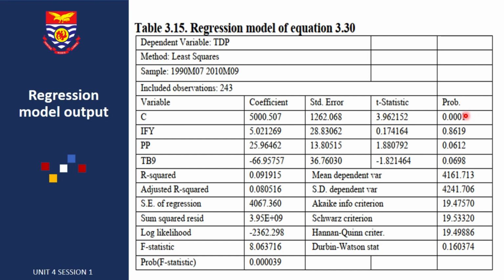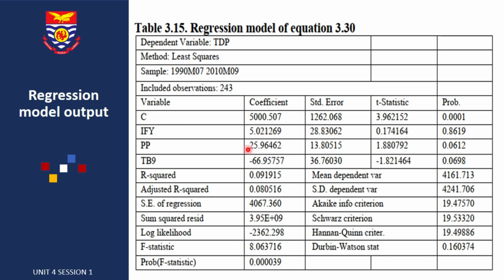From this analysis we have a constant coefficient of 5,000, a coefficient for the annually adjusted inflation of 5.02, and PP of 25. Our standard error is more than 2 in both situations. In this case we could clearly see that our standard error is higher than our coefficient in the first example, indicating that this is not significant.